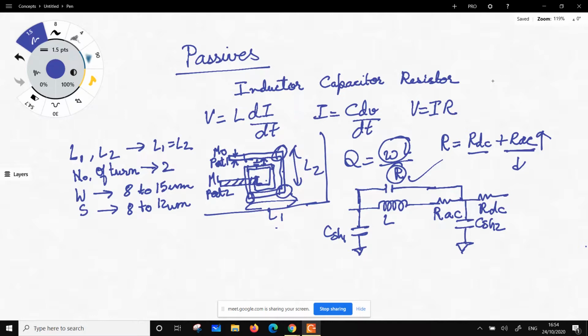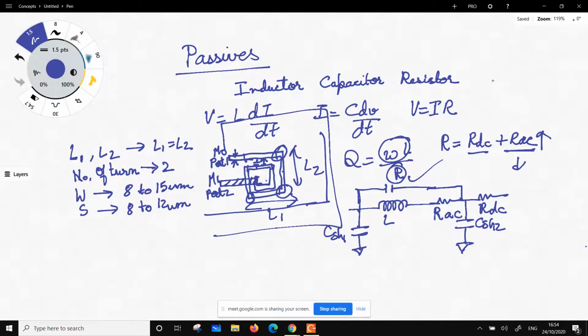Now you can have this ground continuity by either putting a ring around the inductor, a ground ring. Grounding is going to do two things. One, it is going to isolate your inductor from the remaining circuit.